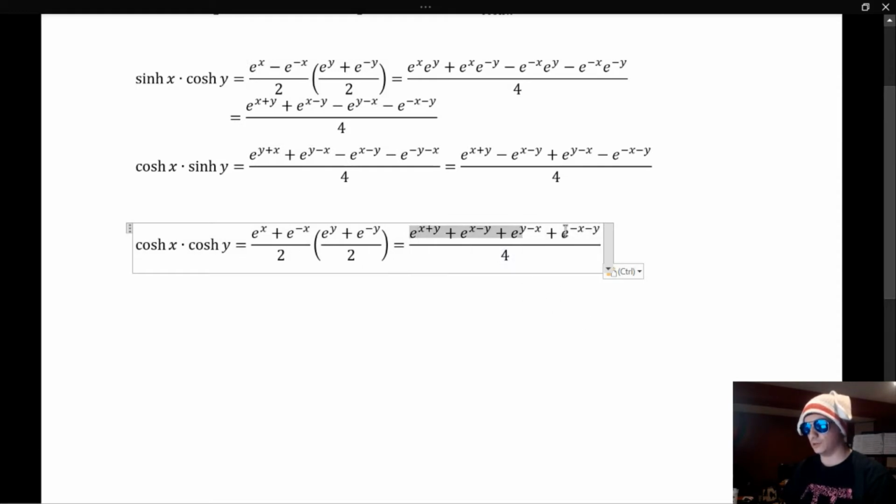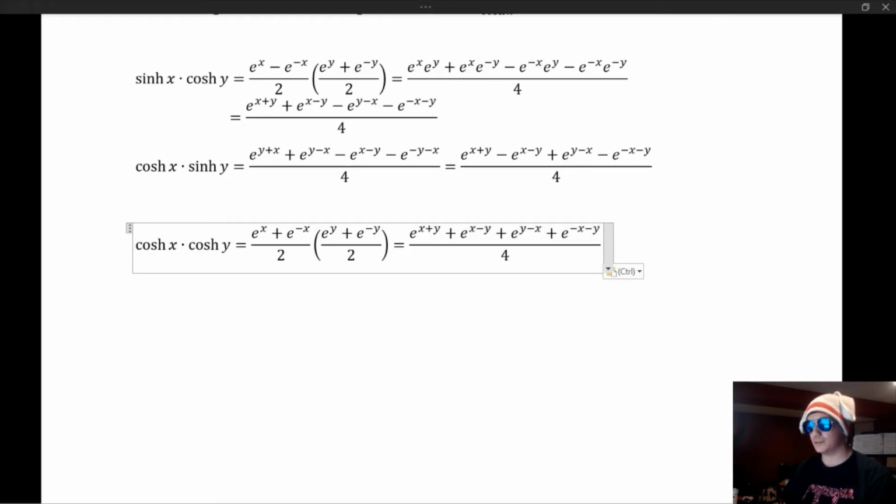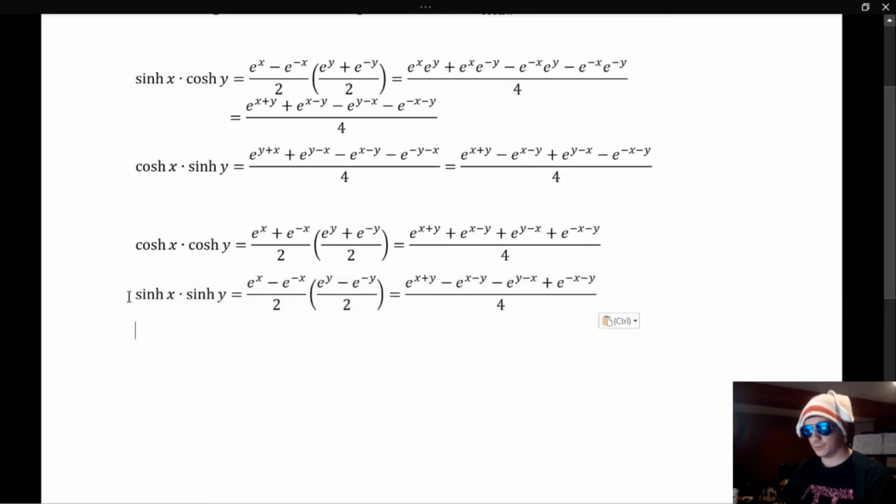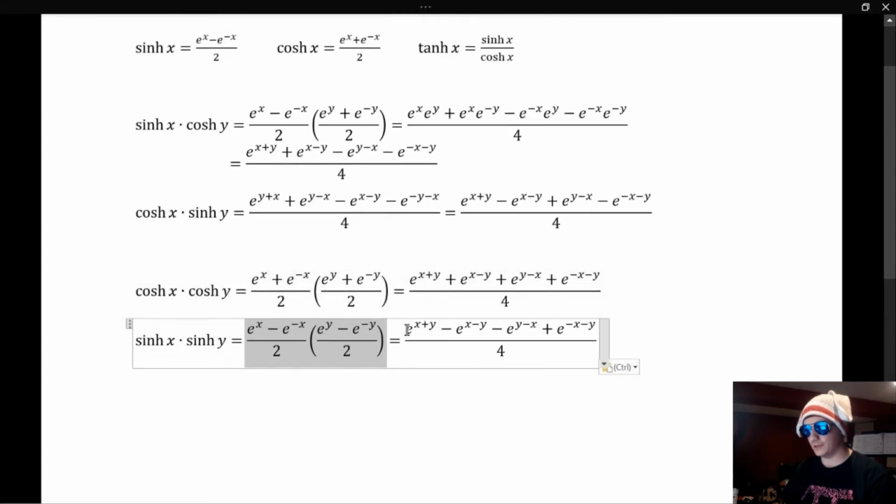So all of these now are plus signs instead of the occasional minus sign in this one. And finally, we multiply sinh of x times sinh of y. You get the definitions from above, and you have that e to the x plus y minus e to the x minus y minus e to the y minus x plus e to the negative x minus y.